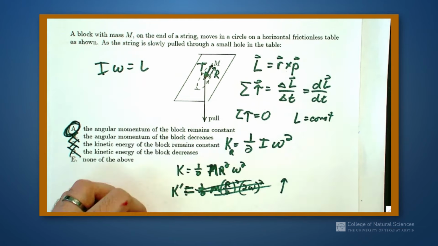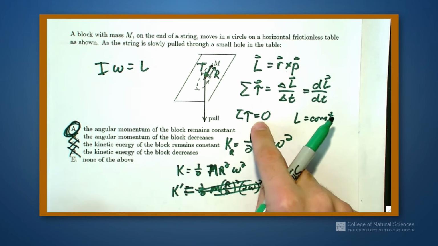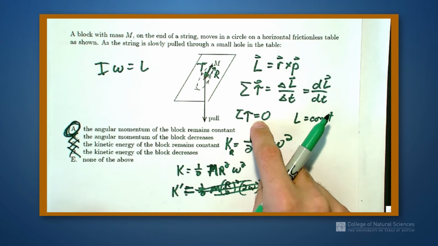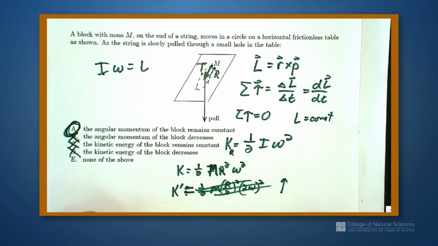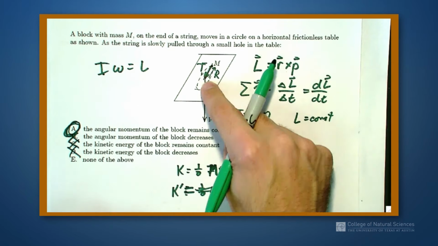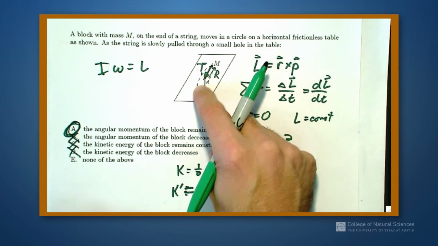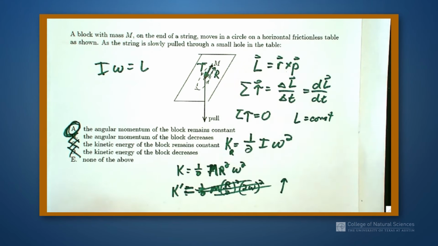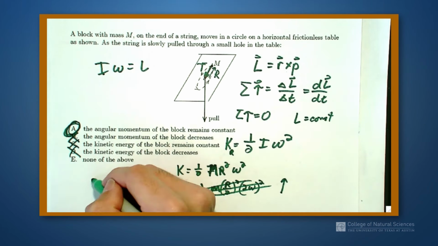So really what it comes down to is the torque on this object is 0. There is work done on the block because I pull some distance in at some force. My dot product for work does give me an increase of kinetic energy. So that's actually probably a better way to explain it.